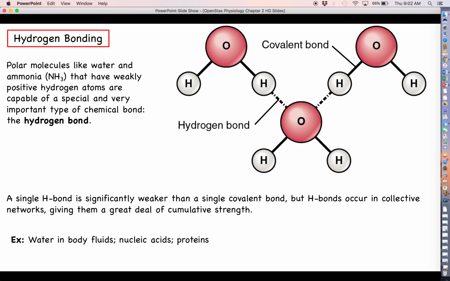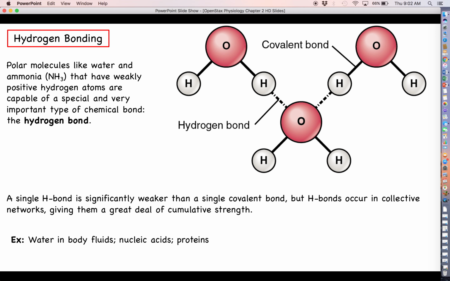That gives even more total hydrogen bonds that are part of a big network. So even though one hydrogen bond is very weak, cumulatively they have a lot of strength, because if you're talking about functionally breaking hydrogen bonds, you're not talking about breaking just one, you're talking about breaking millions and billions and trillions and so on and so forth. And this will become very important because of water and its presence in bodily fluids.